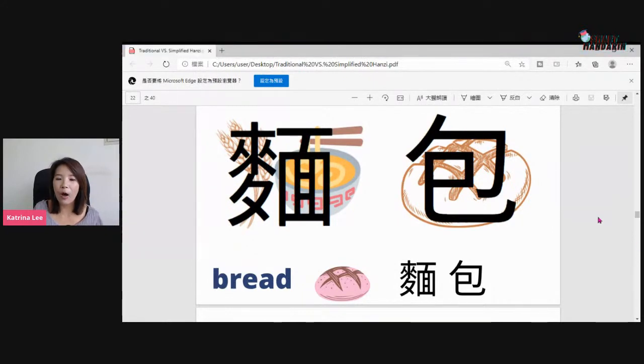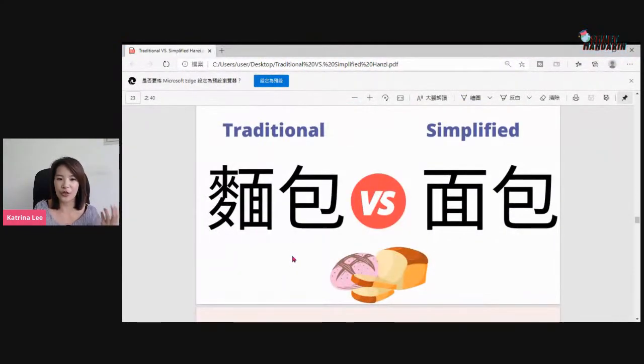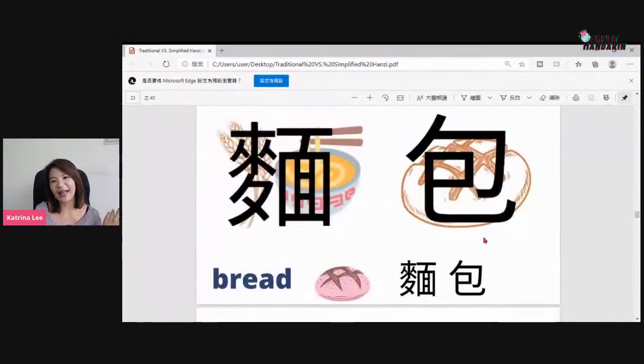Okay, 面包 bread. The next one, you see the left one, traditional, 面包 bread, simplified, 面, they just take one part.